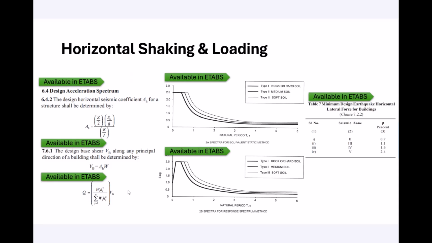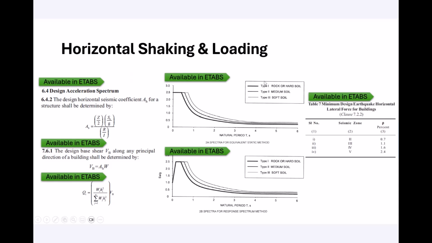Program can select the mass source that you define. So the seismic weight for the structure will also be obtained with the definition. And the base shear will be distributed as per the quadratic distribution suggested in the code. For the linear static analysis, you have this available in the ETABS.